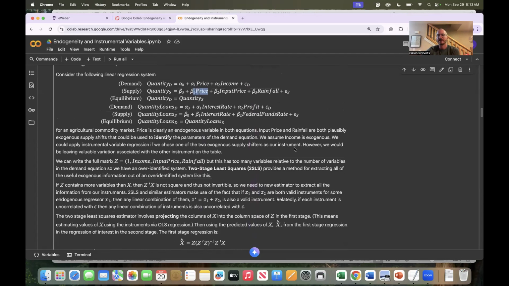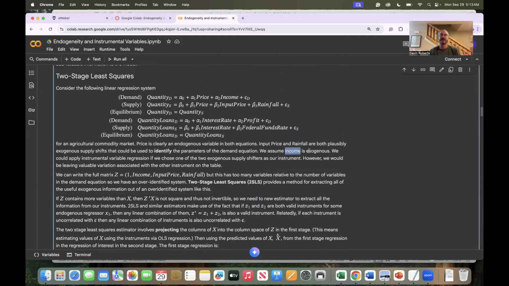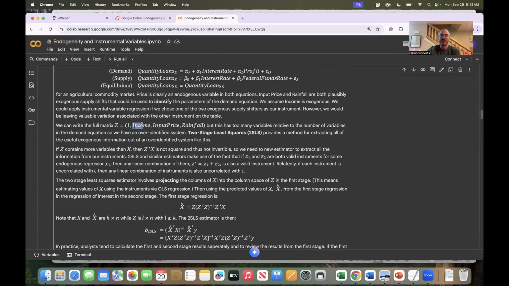And really I'm only assuming income is exogenous, because remember I said in our set Z, we have two subsets: all the other exogenous regressors, and then our set of instruments. So in this example, this Z matrix is all our other exogenous regressors, plus two things that we could think could be good stand-ins for price itself, because input price probably affects price.